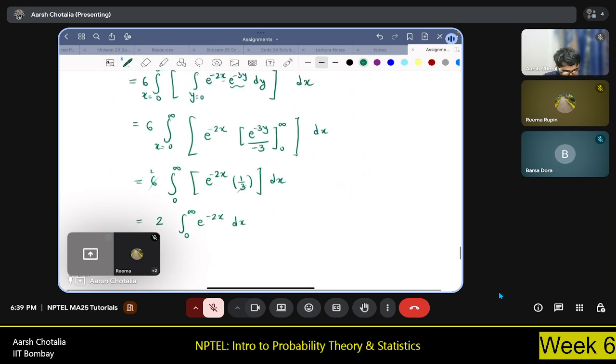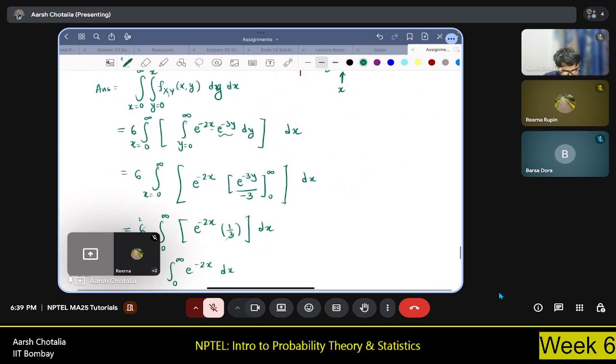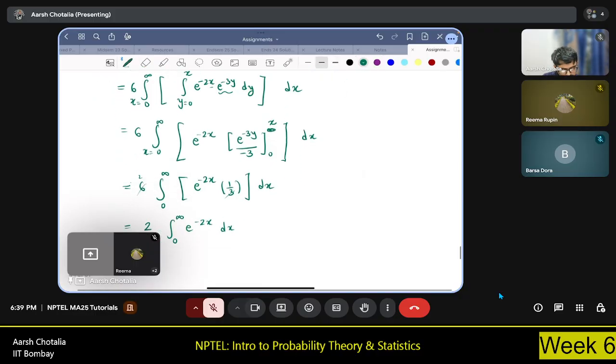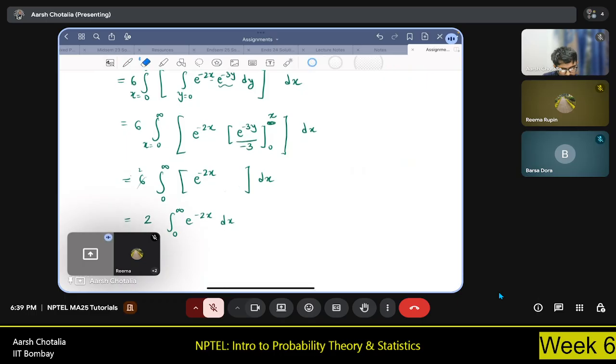Sorry, I made a mistake. Yeah, this upper boundary was till x. So this will be till x, which means this would be 1 by 3 and this would be 1 minus e raised to minus 3x.